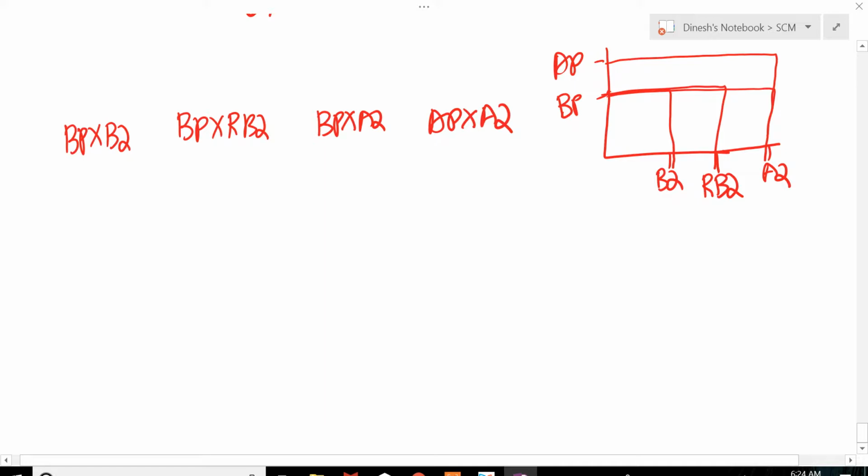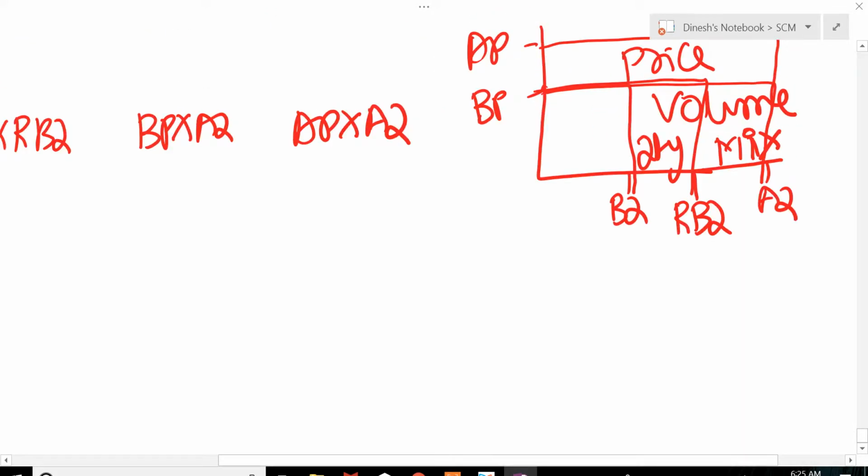These are the four things we will write in the computation table. This part is price, together is volume. This is called mix, as we interpreted in labor and material, mix, and this is called quantity. The first part is called quantity, the second part is called mix.